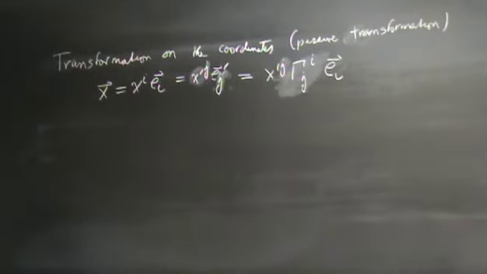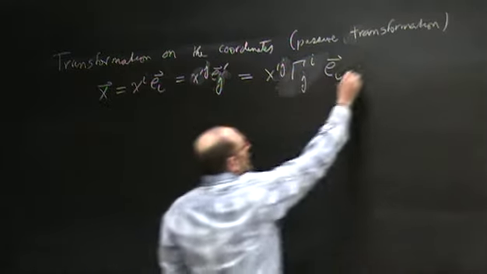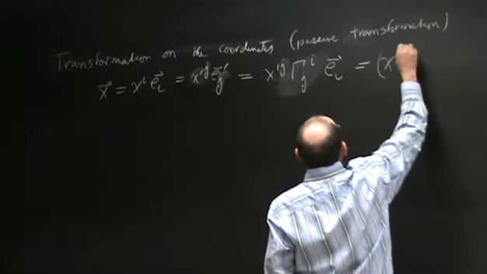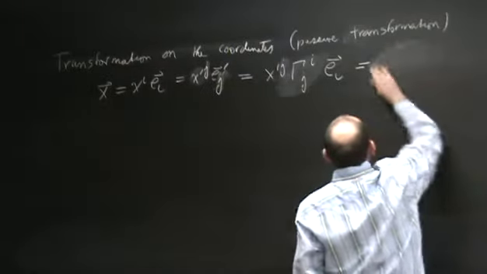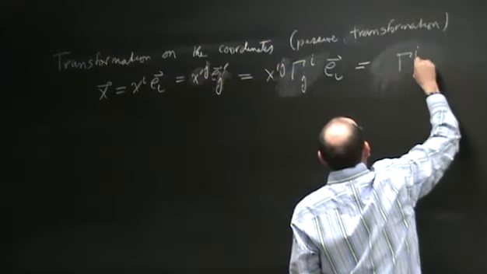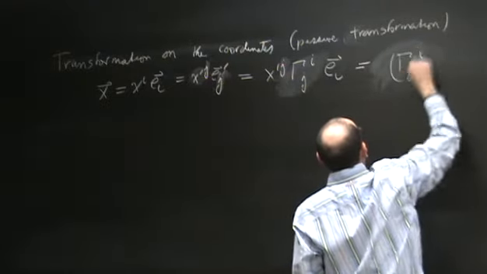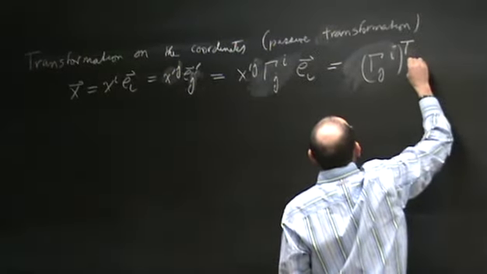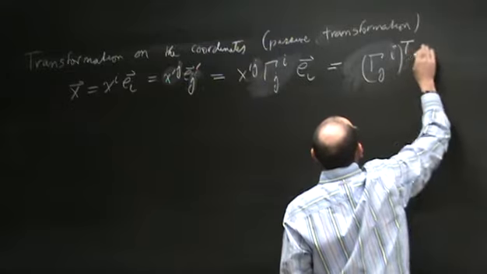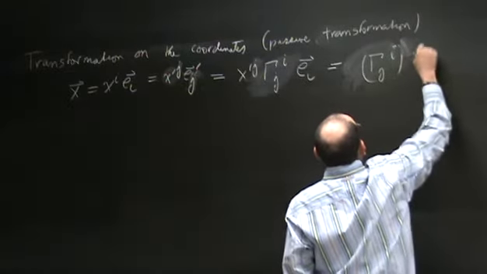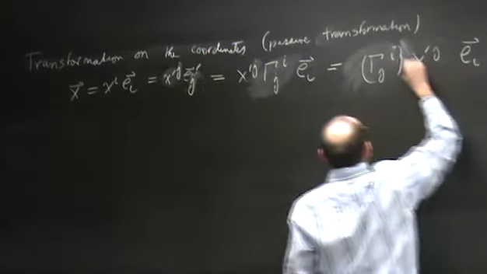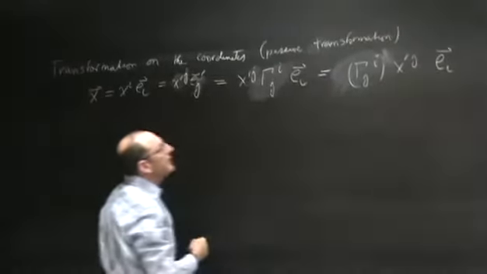We can rewrite this with gamma_ji transpose; it's the same numbers, just written on the other side.